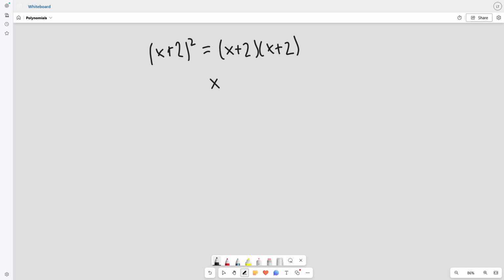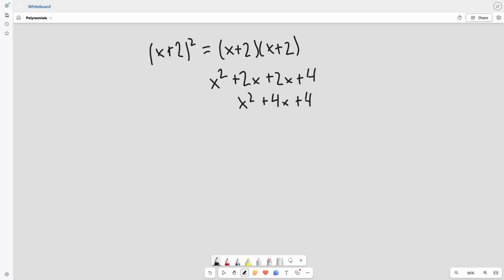First terms times each other, x squared plus 2x plus 2x, and then our last plus 4. If you simplify that down, it's x squared plus 4x plus 4.